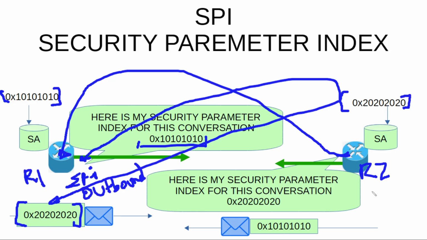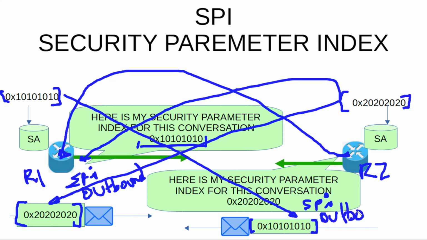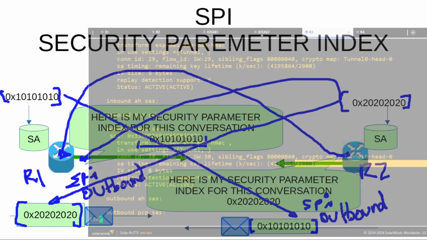Now, router 2 is going to do the same when trying to send packets to router 1. When these packets belong to this particular IPSEC conversation, it is going to add this number, that happens to be the number that router 1 shared previously. So this will be the outbound SPI from the standpoint of router 2.